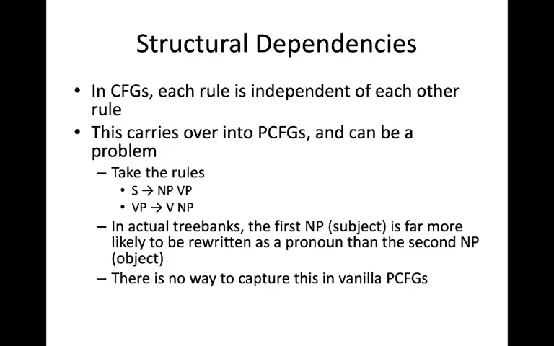So all is not well in PCFG land. In CFGs and PCFGs, each rule is independent of each other rule. They're context-free. And this can be a problem. So if we have the rules S goes to NP VP and VP goes to V NP, and we look at an actual Treebank, then the first NP, the subject, is a lot more likely to be rewritten as a pronoun than the second NP, an object.